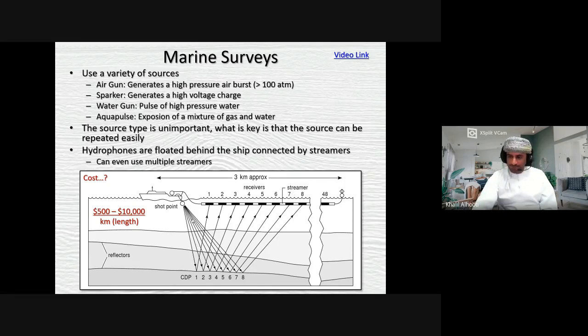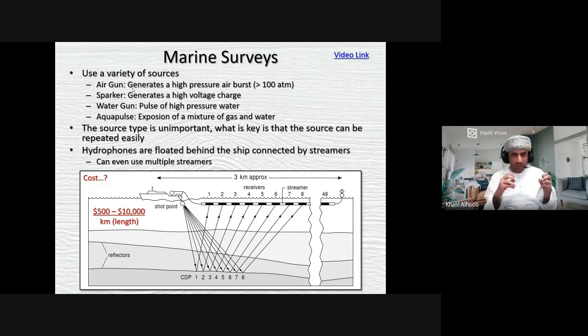If you go back to the video, you'll find they use an array of sources. The most common one is called an air gun. The air gun's purpose is to release high pressure air stored in a chamber.